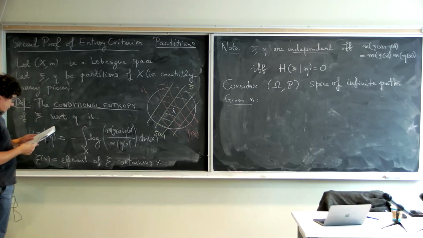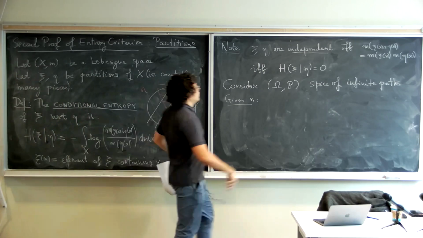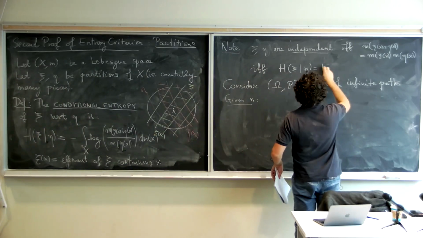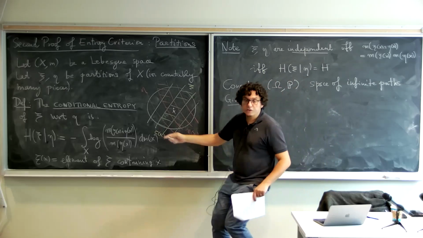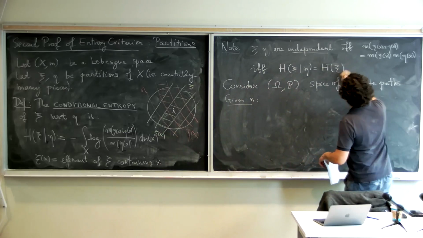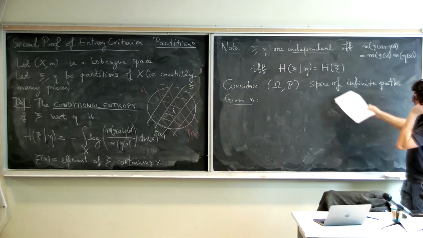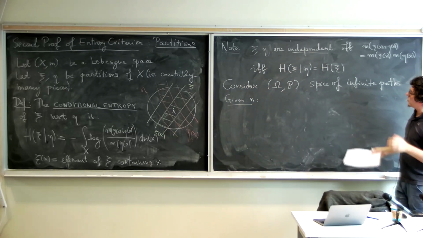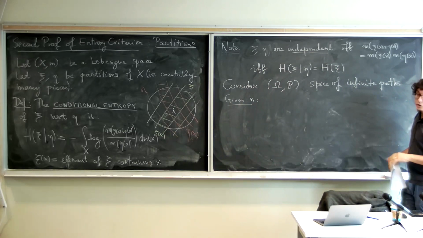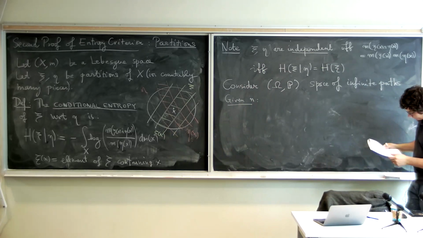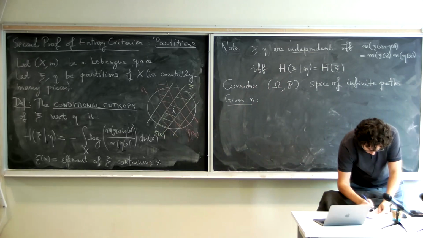What I would have thought is that h of zeta conditioned on eta would be h of zeta. Yeah, I think you're right. Yeah, sorry, that's what is intuitive. That's right. Okay, I'll fix that.